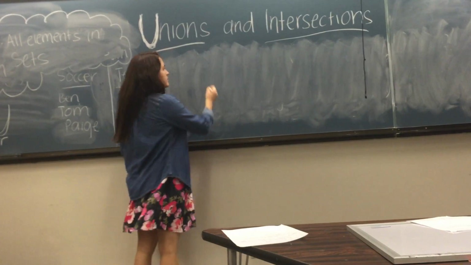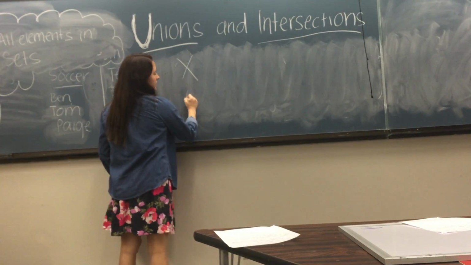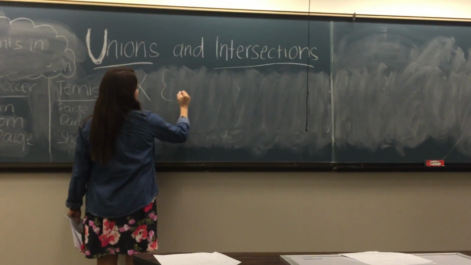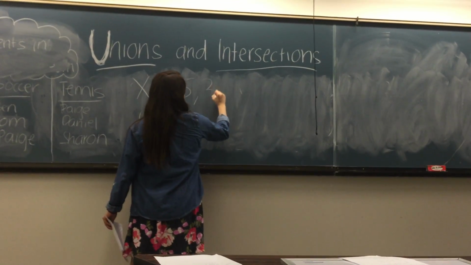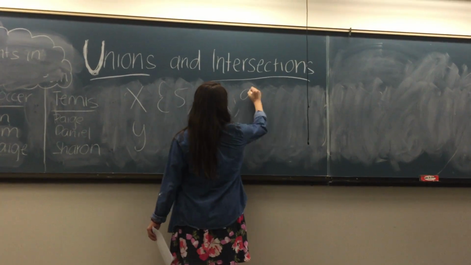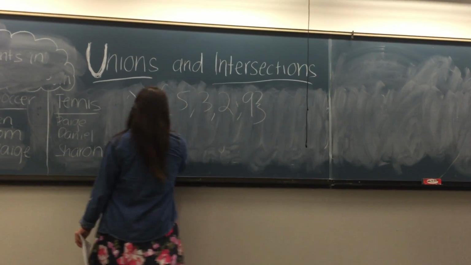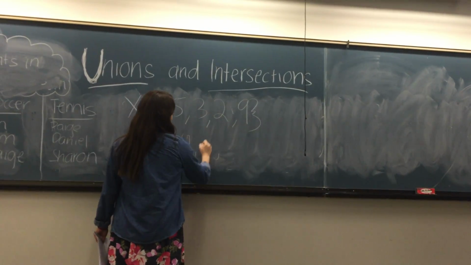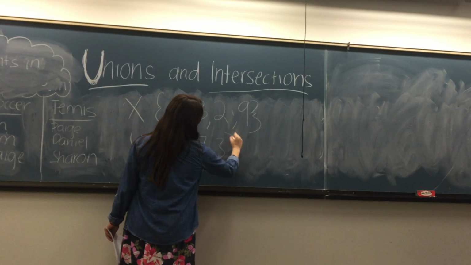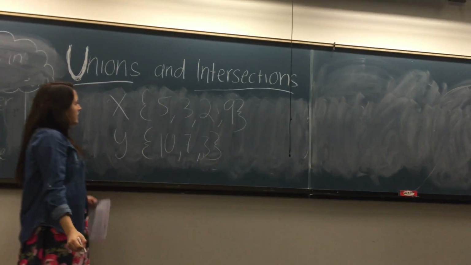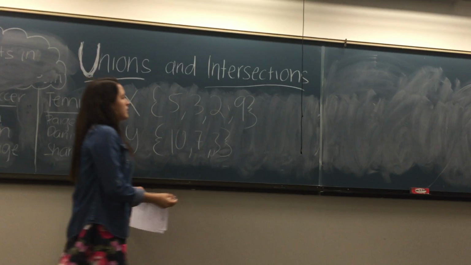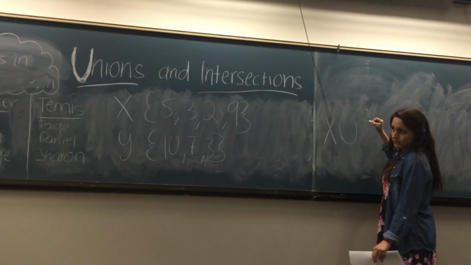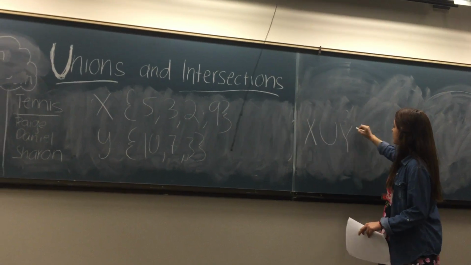I'm going to have two sets, how we talked about yesterday, set X and set Y. And the numbers for set X are going to be 5, 3, 2, and 9. And the numbers for Y are going to be 10, 7, and 3. Okay, so now what is a union of sets X and Y?